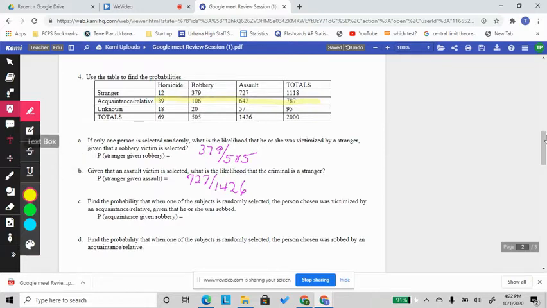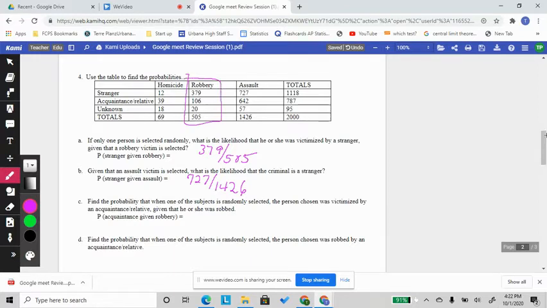Oops, I did it backwards. Sorry. Wait, hold on a minute. Sorry. Given that he or she was robbed. So we're only looking at the robberies, 505, and acquaintance given robbery, 106. Sorry, I read that backwards first.